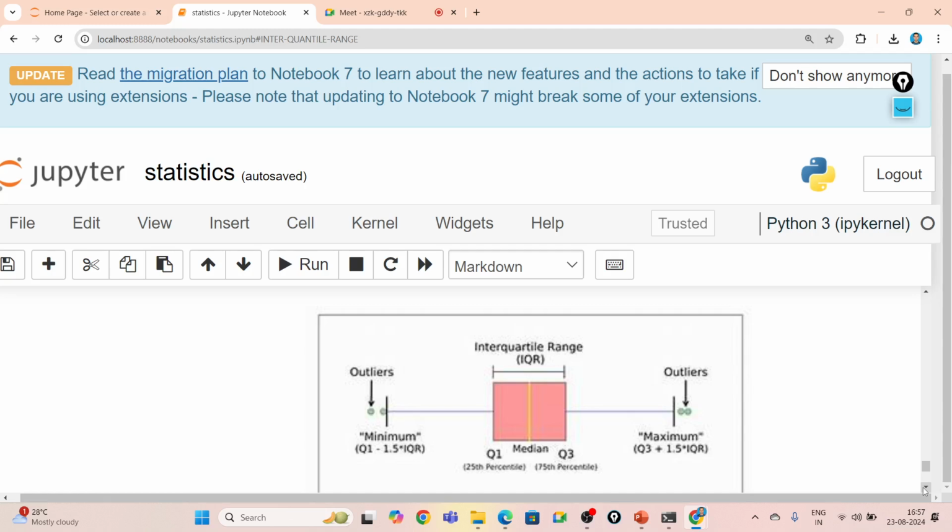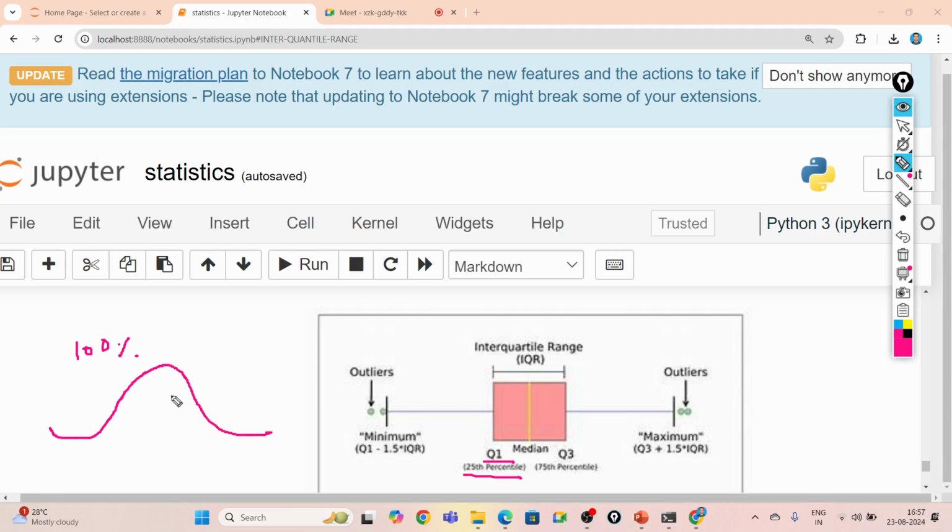When you are arranging the numbers in ascending order, what happens basically? If you see this part, you will get some value. This Q1 is nothing but the 25th percentile. Percentile means the value below which that percentage of data lies. If you have a 100% data set and arrange it in ascending order, this is our median part.